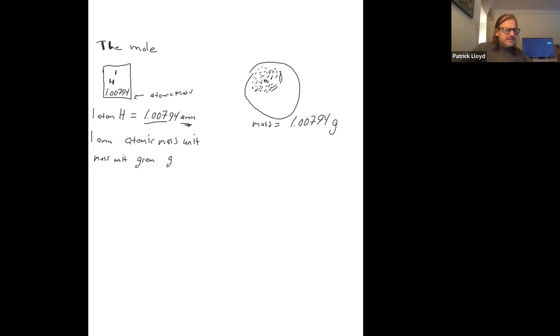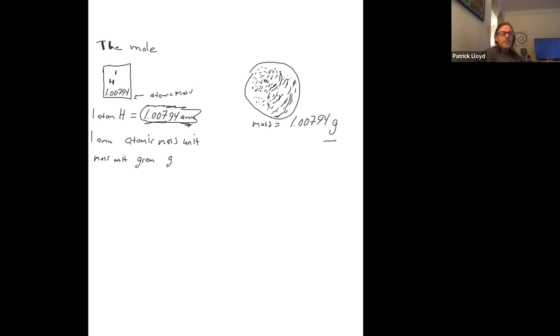Okay, so you see what I did? I arbitrarily said I want to have a mass that's exactly the same number I've been using all along, 1.00794. But I'm going to have so many atoms that collectively their mass is 1.00794 grams.